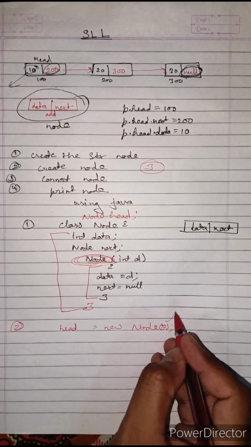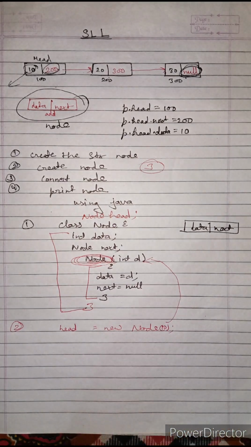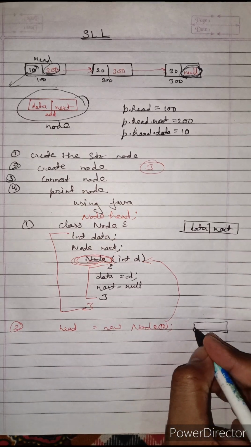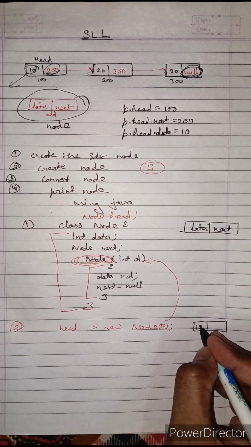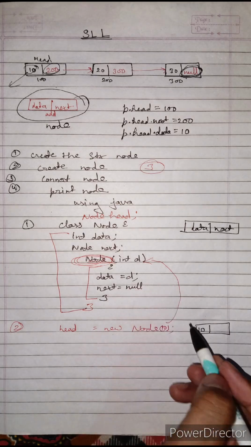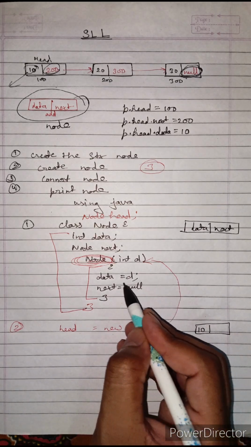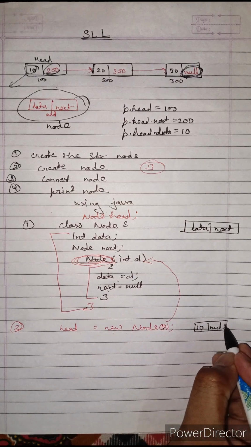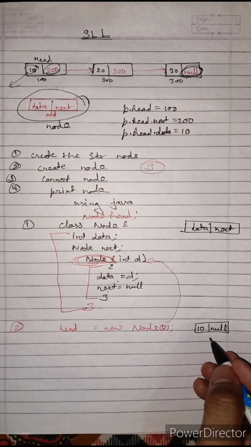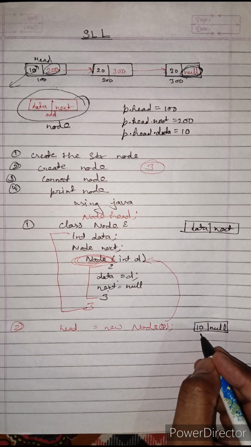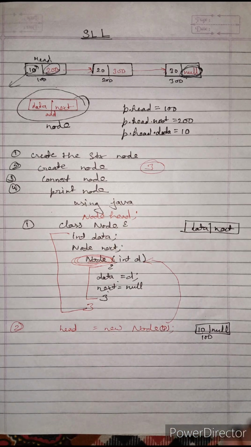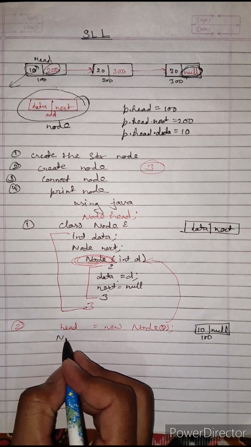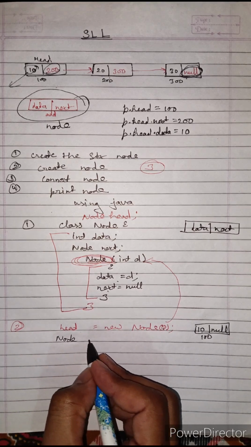It will create one node whose data is 10, and next is equal to null. The address may be anything, random, so let me take 100 by default. I'm just imagining.